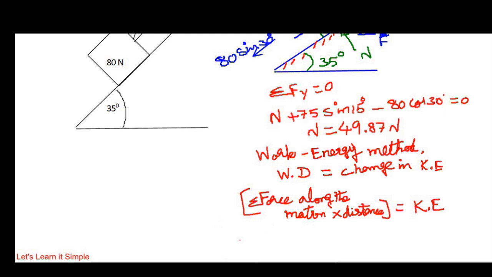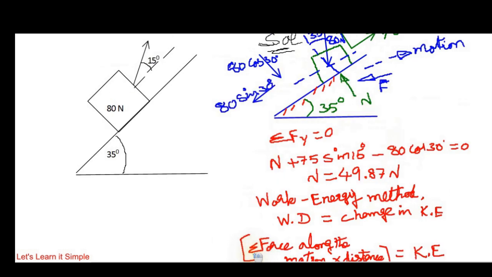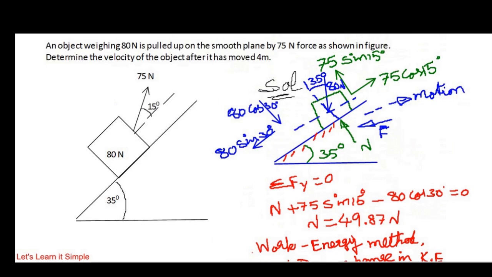Okay. Now if you look at the picture, the direction of motion is up the plane. So up the plane is taken as positive and down the plane is taken as negative. To solve this one, you have to take the net force along the plane.